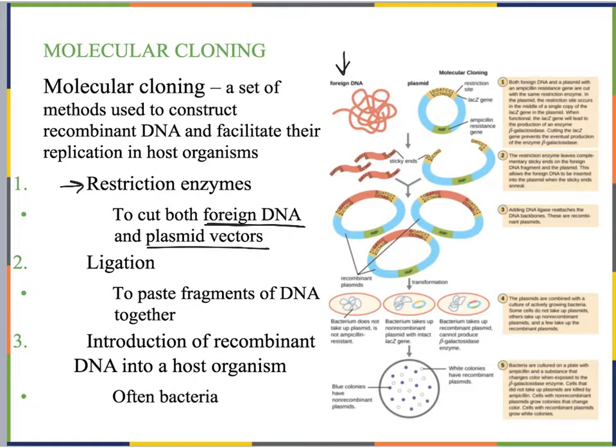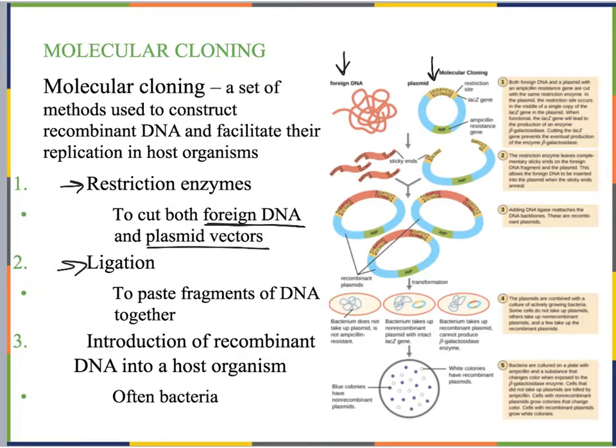We have our foreign DNA, which in this example would be our human DNA that has the insulin gene in it. So we would cut that DNA. We would also cut the plasmid vector here. Once both are cut with the same restriction enzyme, they cut at the same spot in both the foreign DNA and the plasmid because it goes by sequence. The enzyme will search through the DNA and it will cut it every time it sees its certain sequence. So we cut both of those.